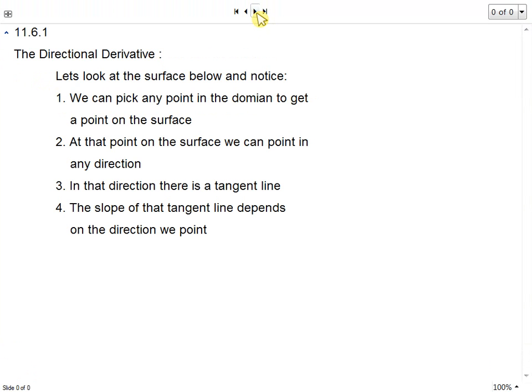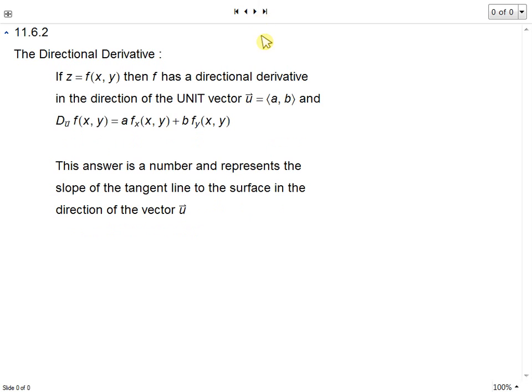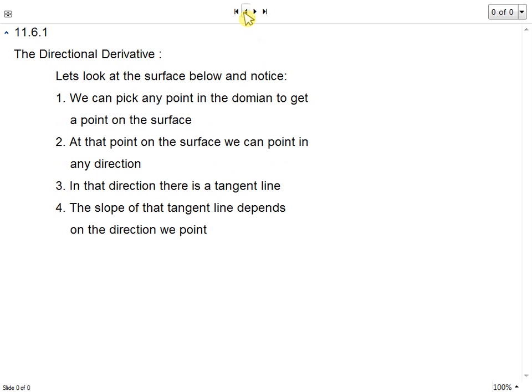So let's look at a surface. Okay, I'm going to show you. We talked about this already, but let me get first to the picture, and then I'll go back to this. Where is it?